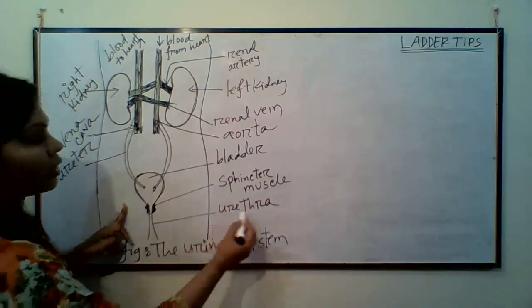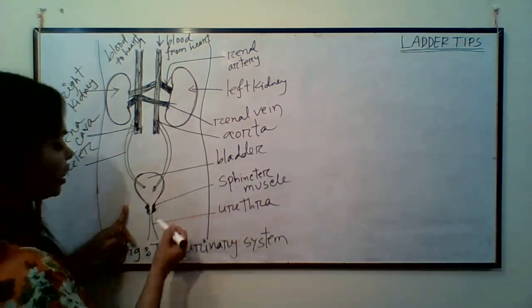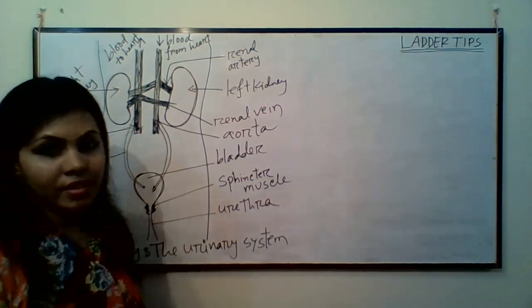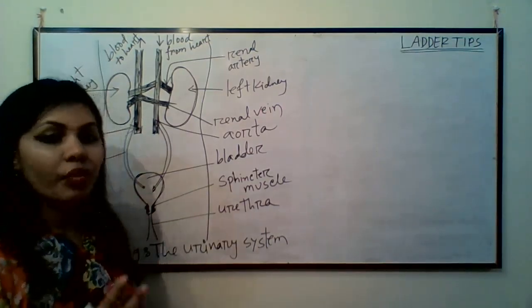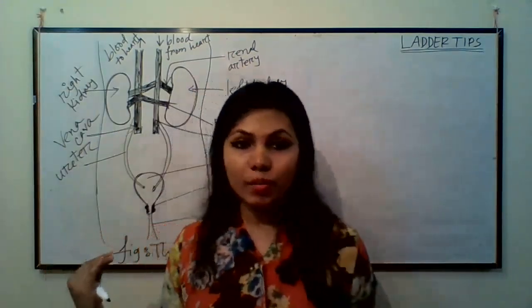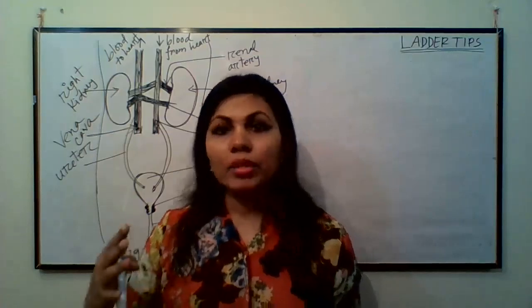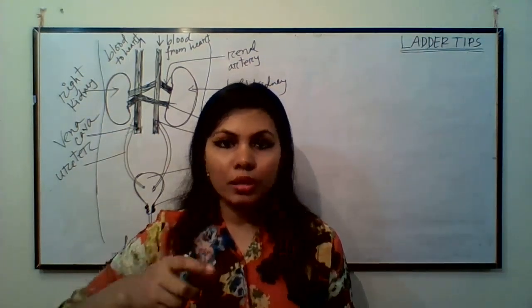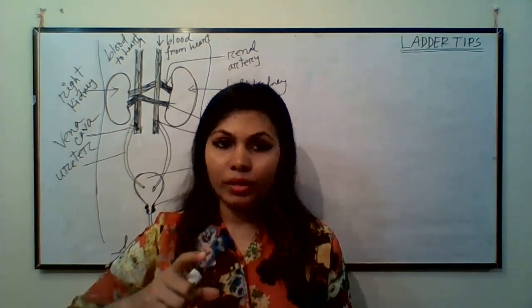This is called the urethra, and the urethra has two ring-like muscles called sphincter muscles, and these sphincter muscles can contract and hold back the urine.